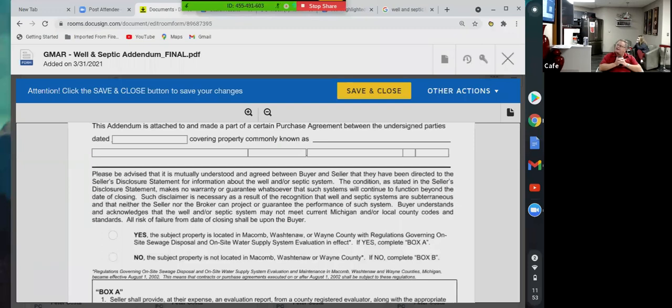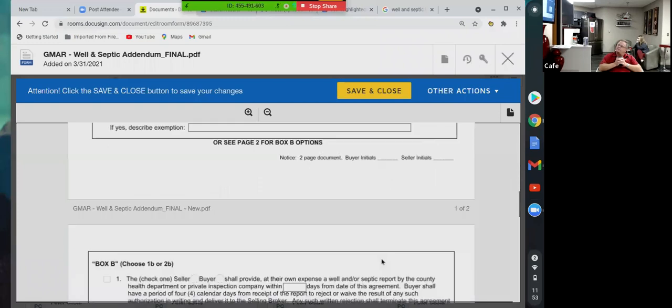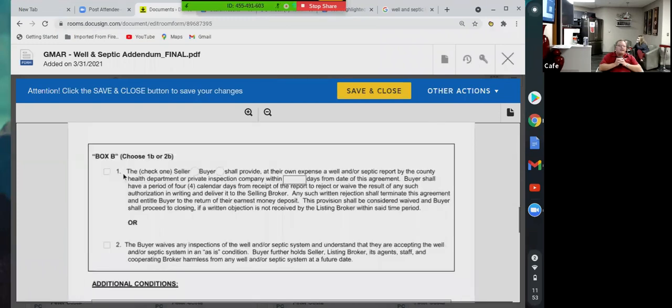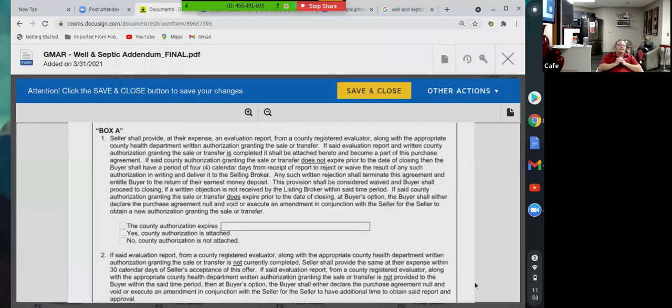If yes, check box A. If the subject is not located in Macomb, Washington, or Wayne County, you check box B. There's box A. In Wayne County, as a listing realtor, and when I say Wayne County I'm speaking for Macomb and Washington too, you are required to disclose to your seller that they have to have a pre-sale septic inspection at their cost.